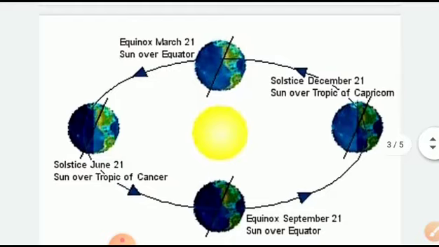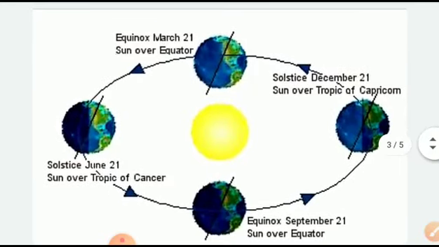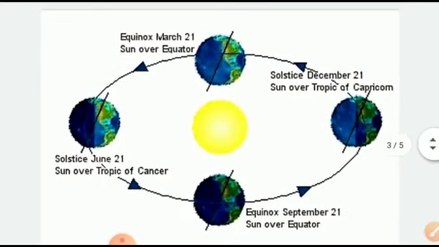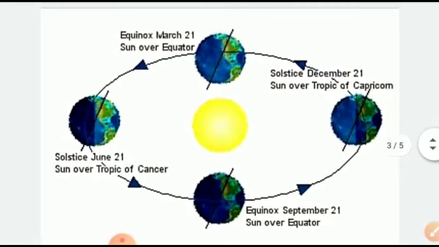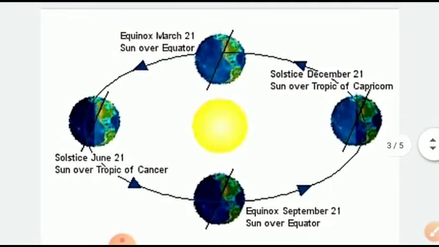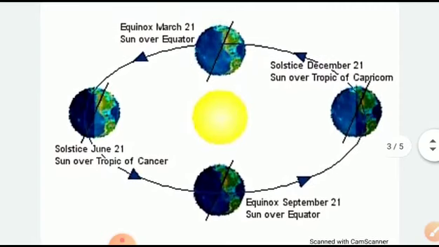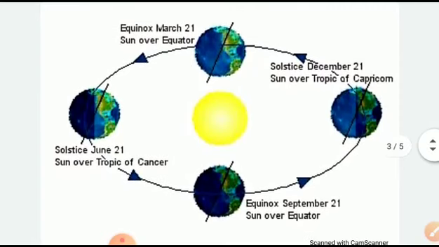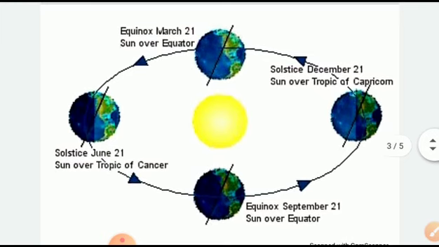Equinox, March 21, when the Sun is over the equator, is the beginning of spring season. Solstice, December 21, when the Sun is over the Tropic of Capricorn, gives winter in the northern hemisphere, December, January, February, and summer in the southern hemisphere. Equinox, September 21, the Sun is over the equator, so we have the autumn season.